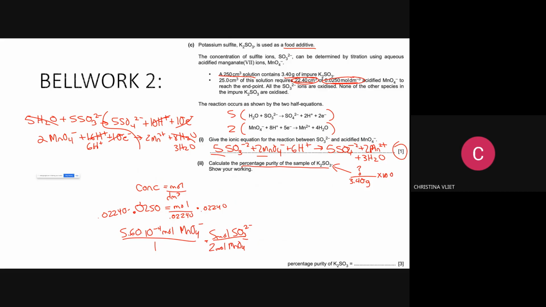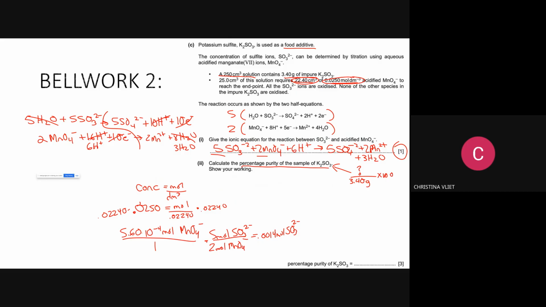But we want to get from moles to grams. So what would we do after that? We got 0.0014 moles of sulfite here, but we need grams. The first thing to recognize is that K2SO3 has one SO3 in it, so the molar ratio is 1:1.